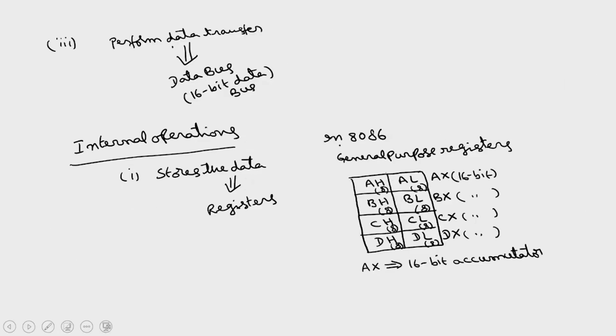We are discussing the second microprocessor operation, which is internal data operations. The first internal data operation is storing the data. The second is performing arithmetic and logical operations.